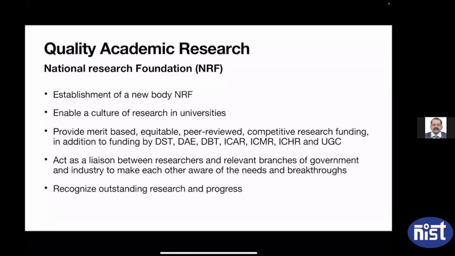And it will act as a liaison between researchers and relevant branches of government and industry. It will make the researchers aware of the needs of the government and industry, and it will make the government and industry aware of the breakthroughs which have been made by the researchers in universities, so that they can be further utilized. And also this body will recognize outstanding research and progress by different individuals and universities in the nation.